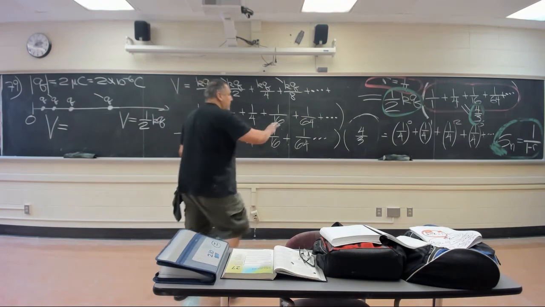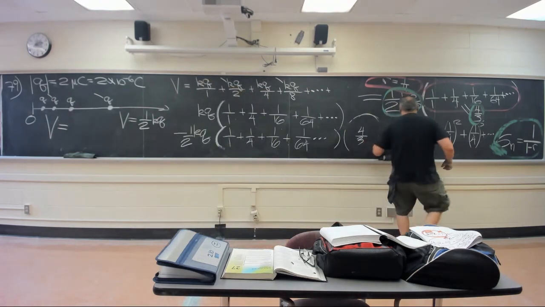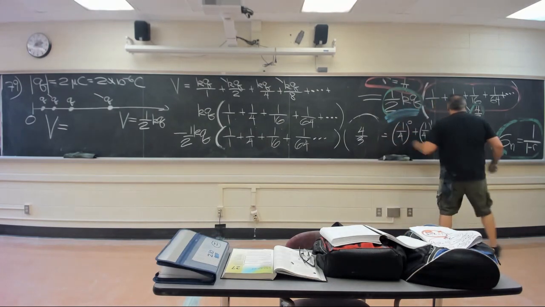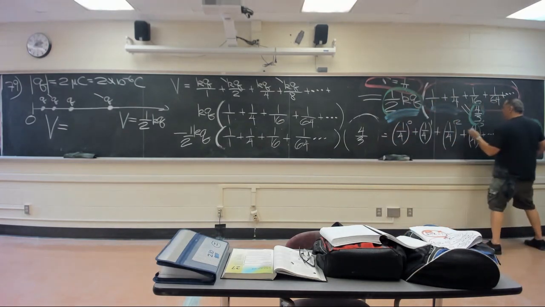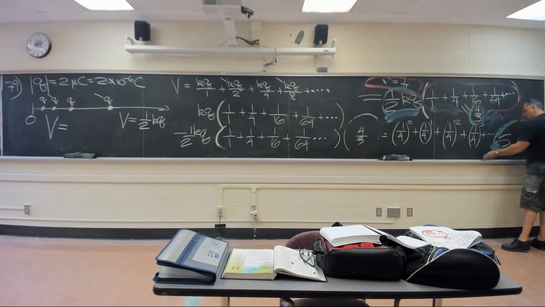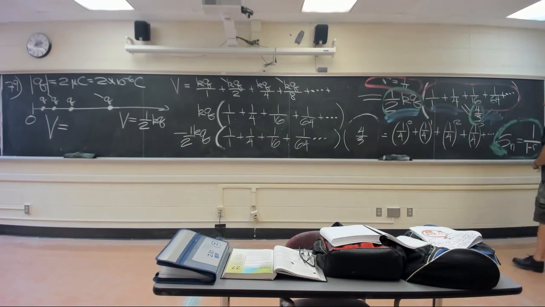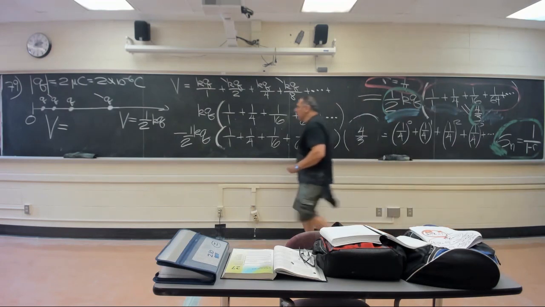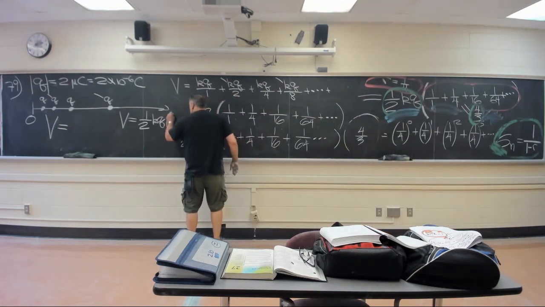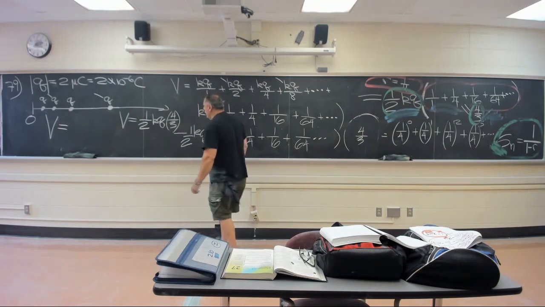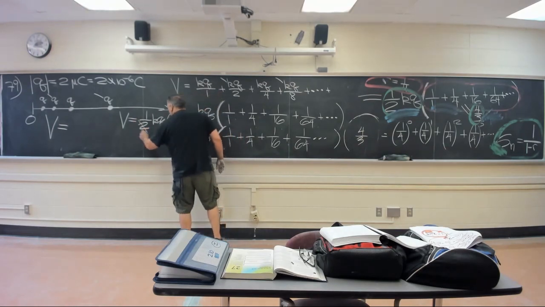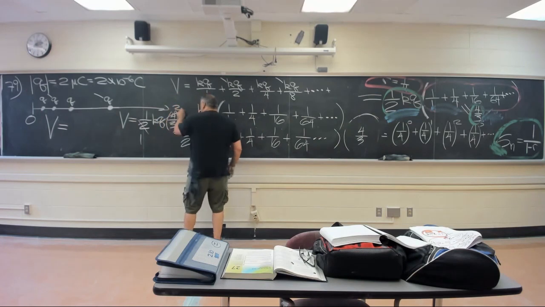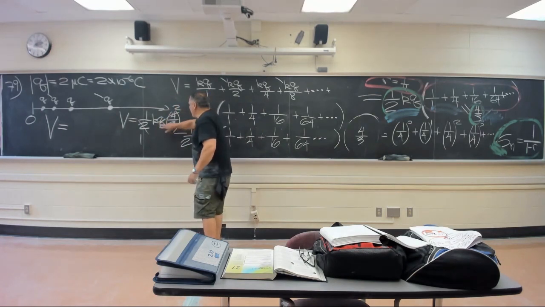V equals this guy, 1/2 KQ. This guy is this, 4/3. 1/2 KQ times 4/3. The 2 cancels into the 4. You got 2/3 KQ.